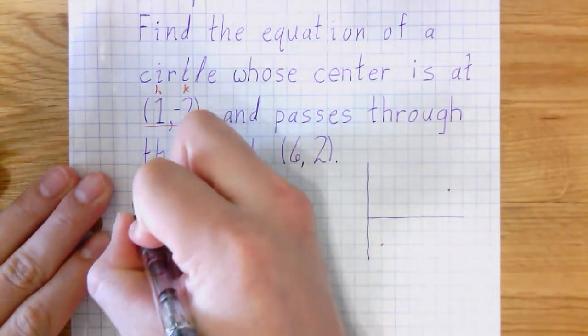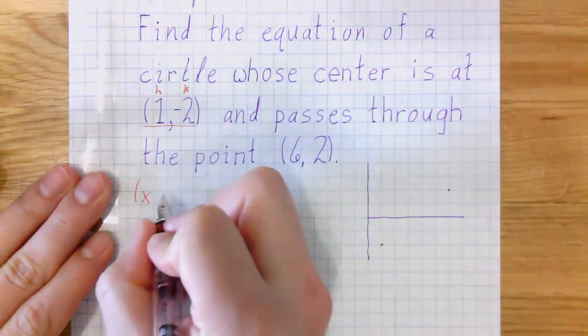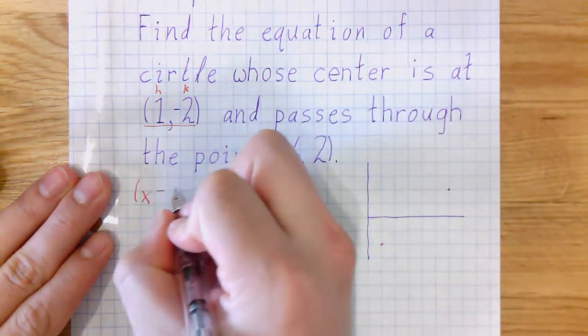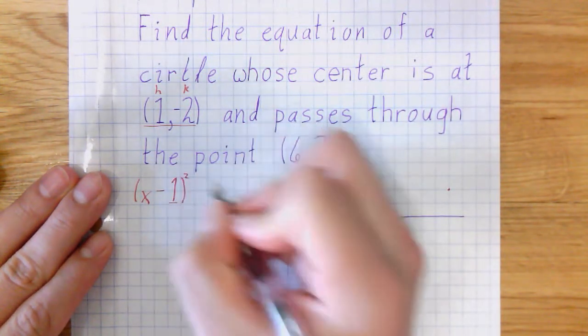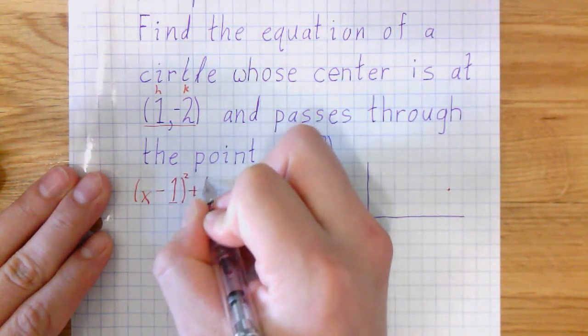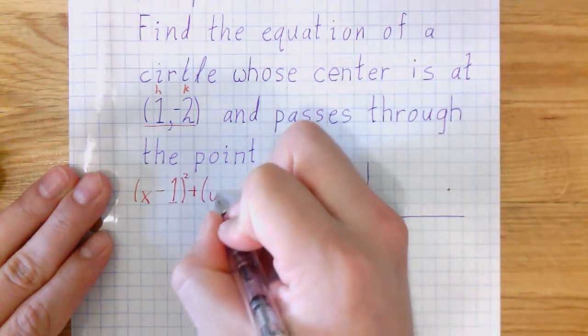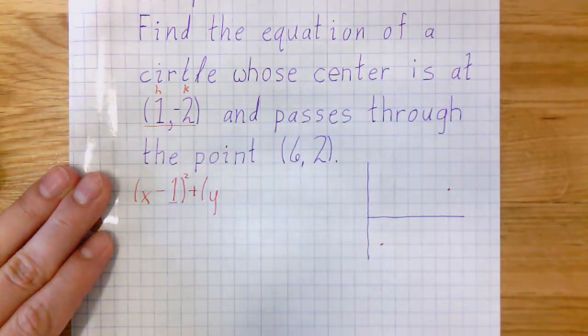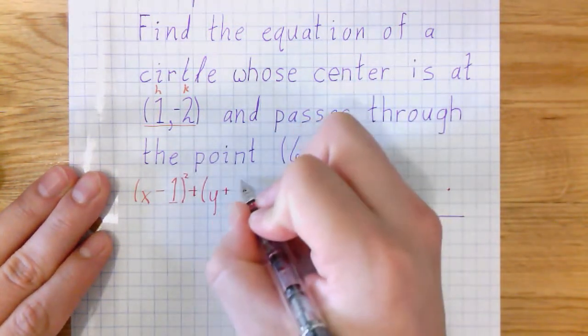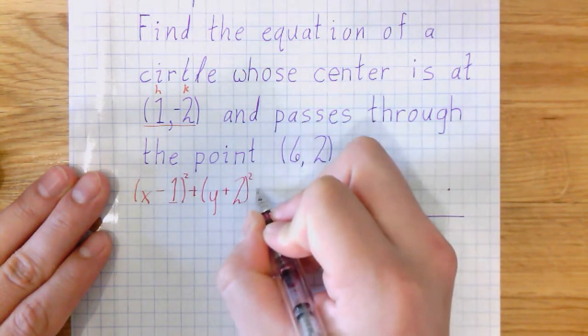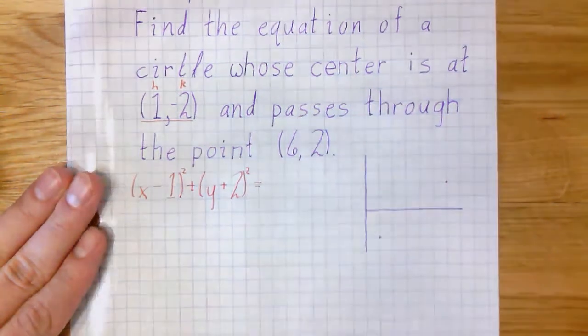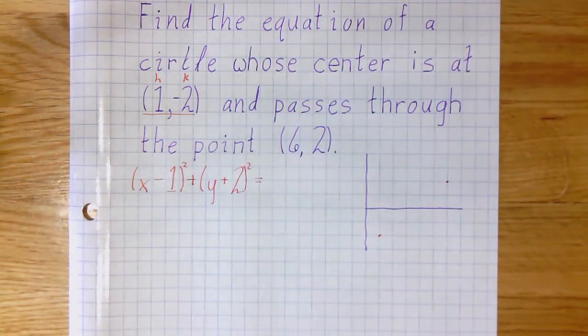We have x minus h, so minus 1, squared, don't forget the squared, plus y minus negative 2 will be plus 2, squared, equals, and I'm going to leave some room for my r squared there. We'll come back and fill it in later.